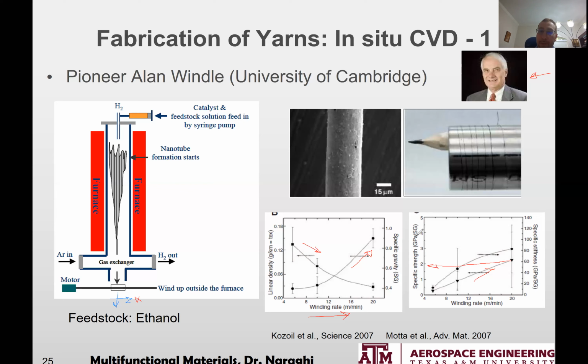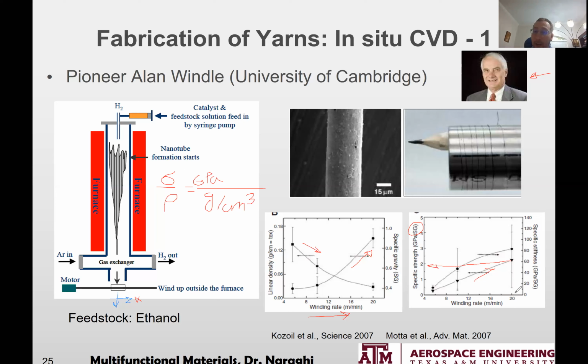So GPa per SG means GPa per gram per cubic centimeter, because SG means specific gravity, measured with respect to water, and the density of water is 1. So a specific strength is stress divided by density.